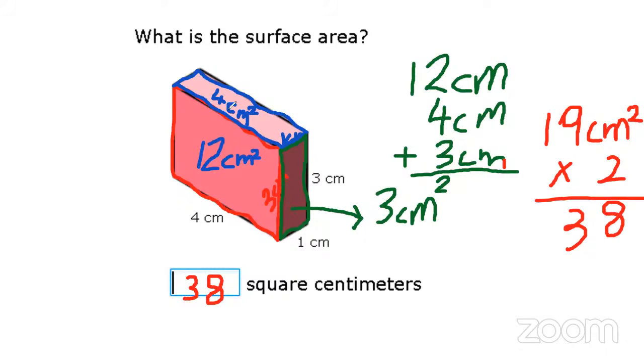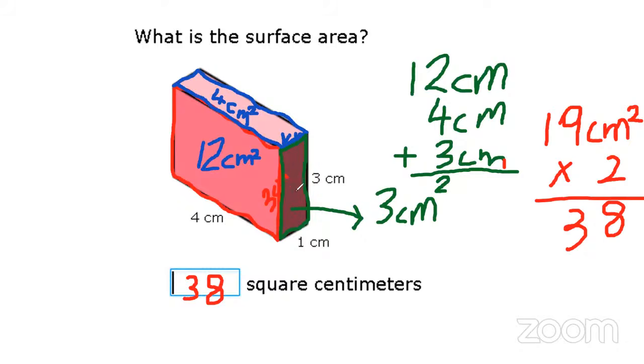At the top, we have the area 4 square centimeters, because we know the length and we know the width, but we also know that this at the top, the base is the same size face. So we can add 4 square centimeters to 4 square centimeters, or we can multiply by 2, and we would have now accounted for the top and the base faces.